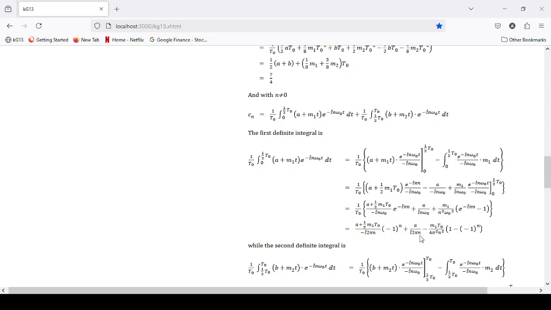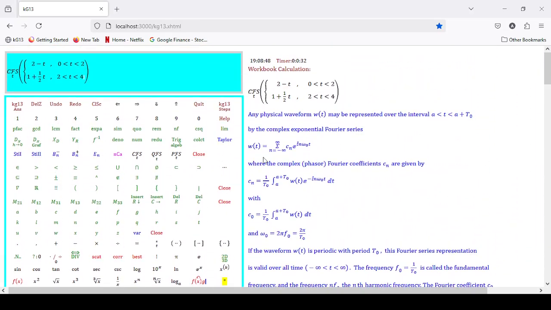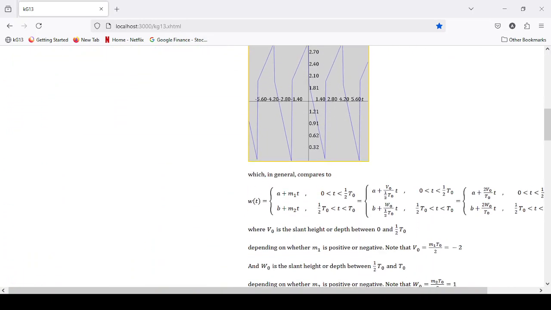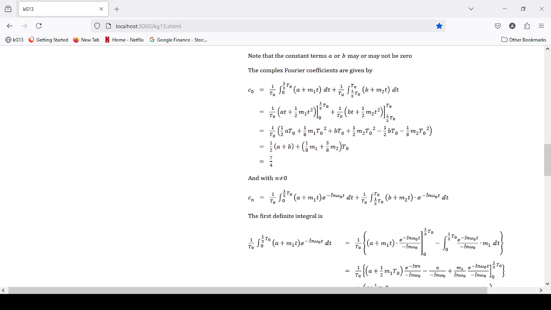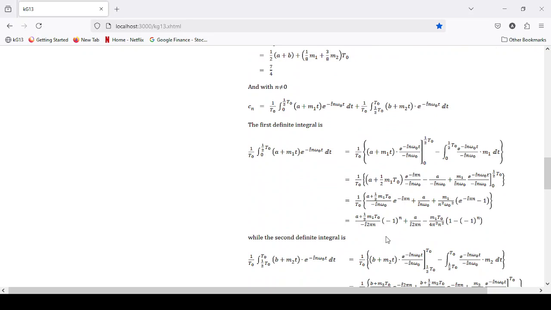N that we see here is just the parameter in our formula for the Fourier series, n going from minus infinity to plus infinity. So n basically represents the integers.